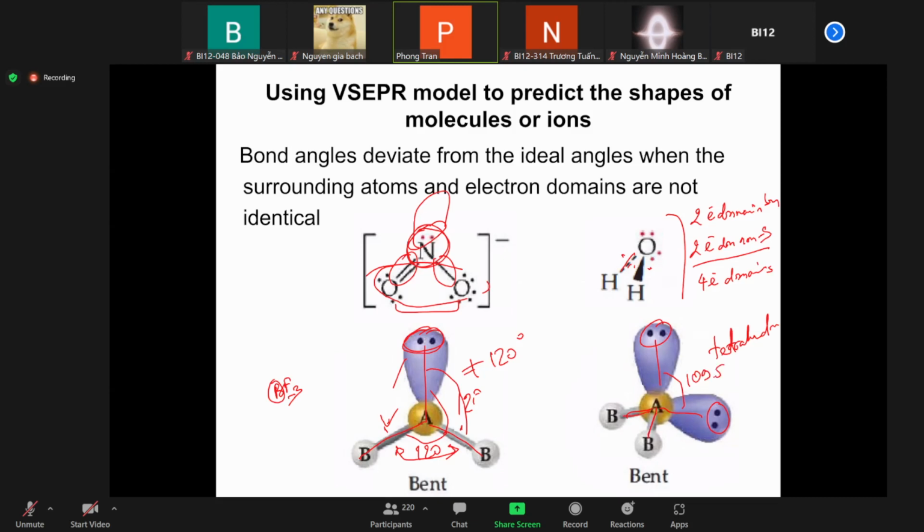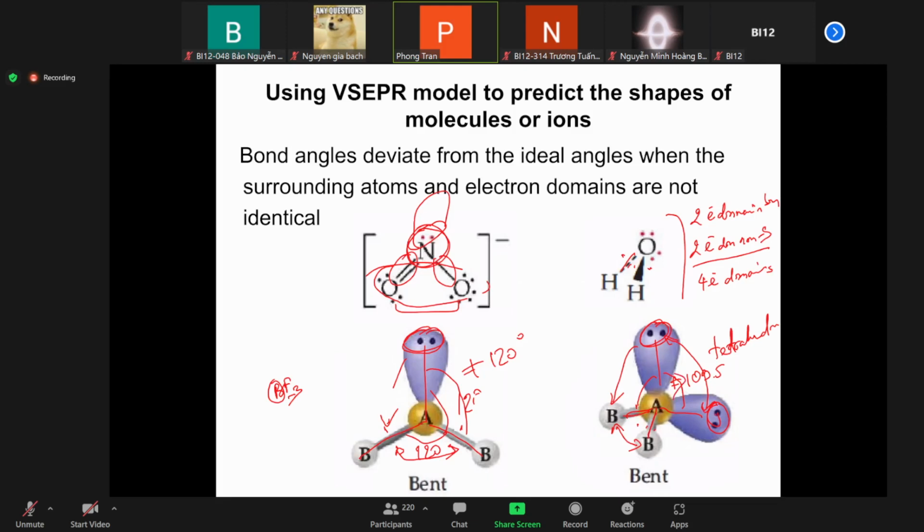But because the 2 non-bonding and 2 bonding domains are not identical, in reality, this angle will be different compared with 109.5. How they will be different depends on the difference between the interaction of the non-bonding with non-bonding, non-bonding with bonding, and bonding with bonding. So imagine that if the interaction between the non-bonding electron domains is stronger, it extends this angle to larger than 109.5.